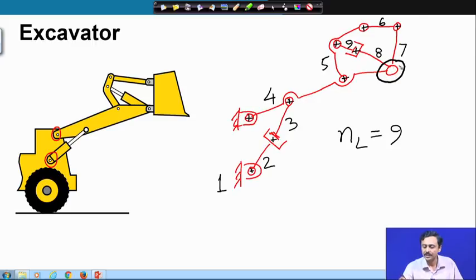So, I must count this as 2. So, 9 plus 2 is 11. So, number of joints in this case, number of kinematic pairs is 11. So, once again note there are 2 kinematic pairs at this hinge. So, that is the kinematic diagram of the excavator.